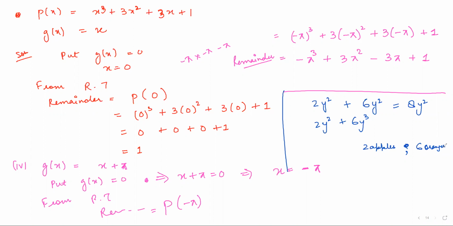I mean 8 apples or 8 oranges? Right? Got the point? 2 apples will remain 2 apples. They will not convert into oranges, isn't it? So the answer will be 2 apples plus 6 oranges. That will be the answer, isn't it?